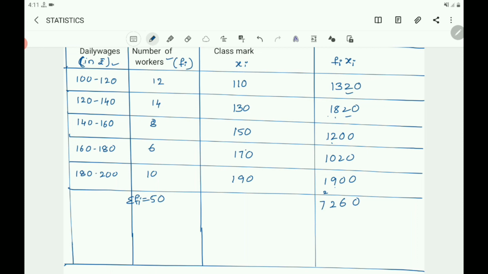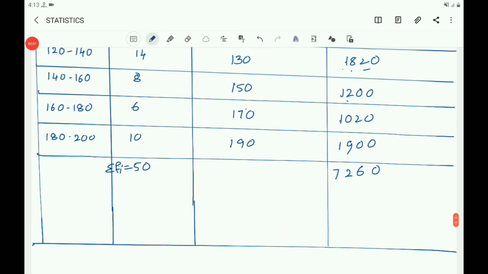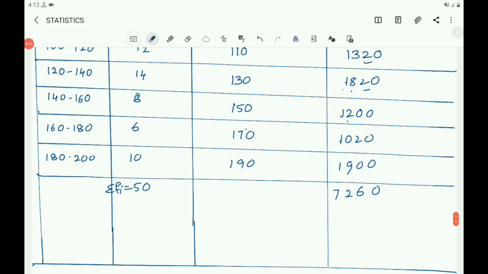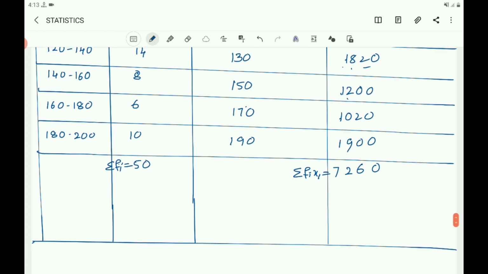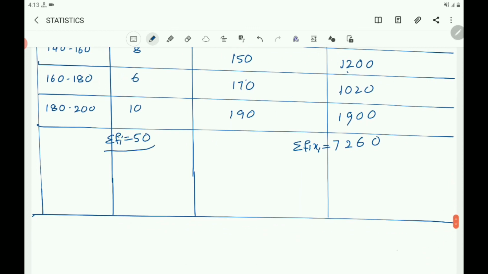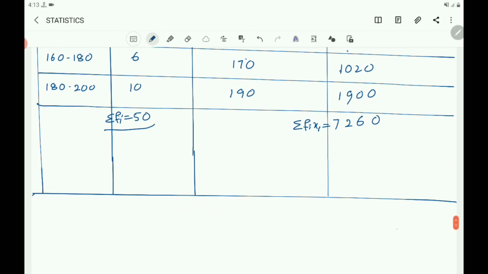So you got the sum 7,260. So summation of Fi Xi is 7,260 and summation of Fi is 50.